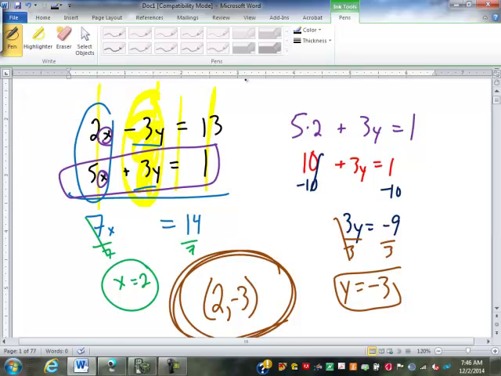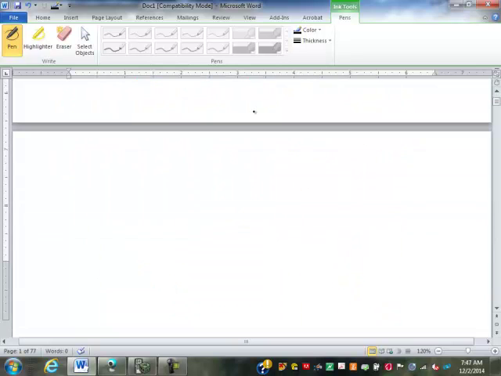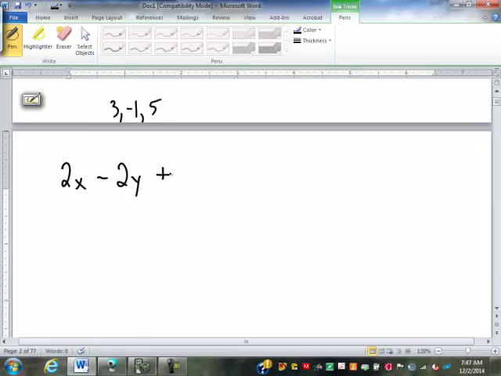Looks familiar, right? Well, today we're going to the next step. We're adding a third variable, z. Now, when we add a third variable, we have to add a third equation.